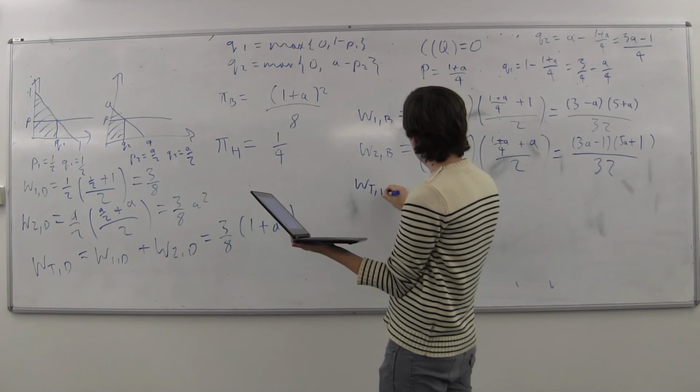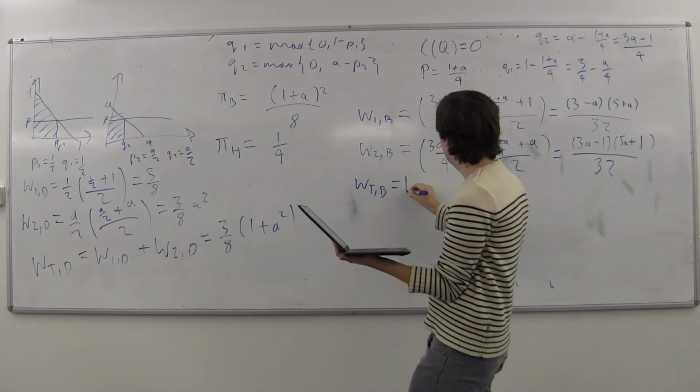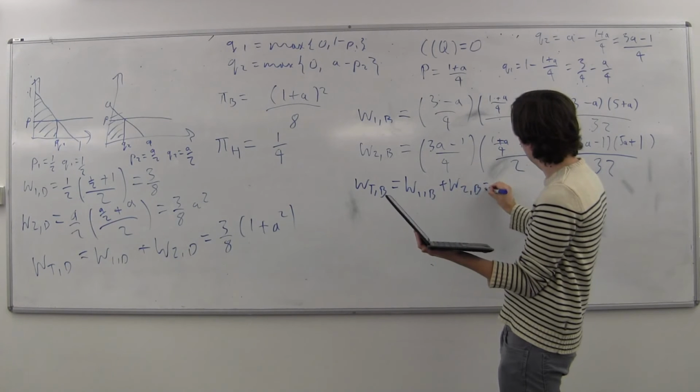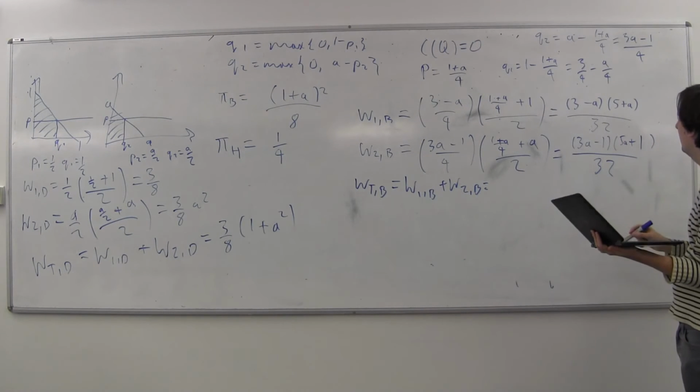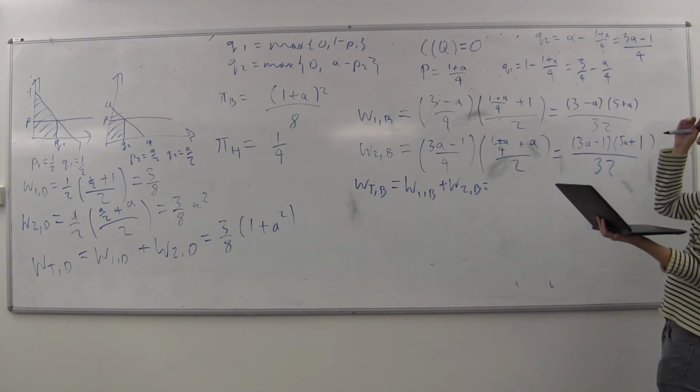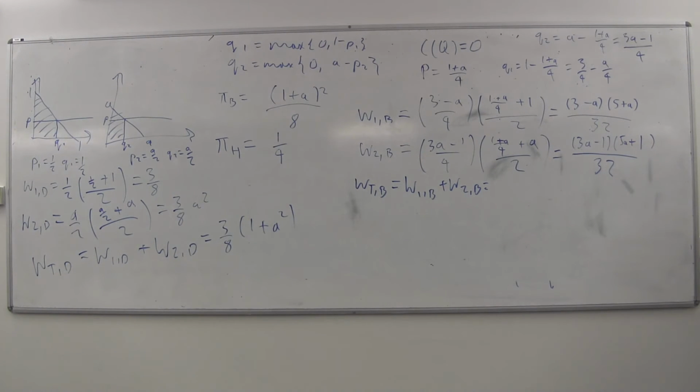Okay, so total welfare from selling both markets is the sum of these two things. We're going to have something divided by 32, that looks right. We just have to multiply out these brackets and add them together.